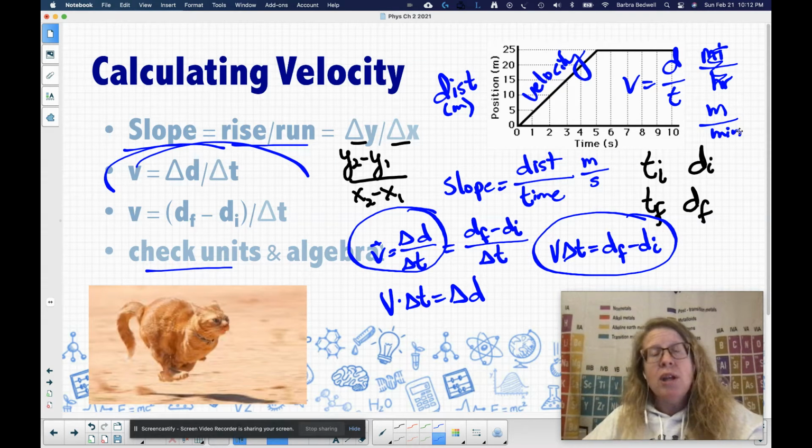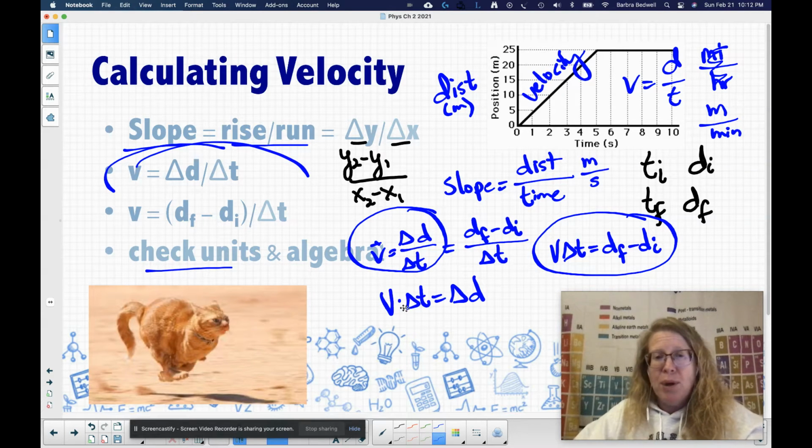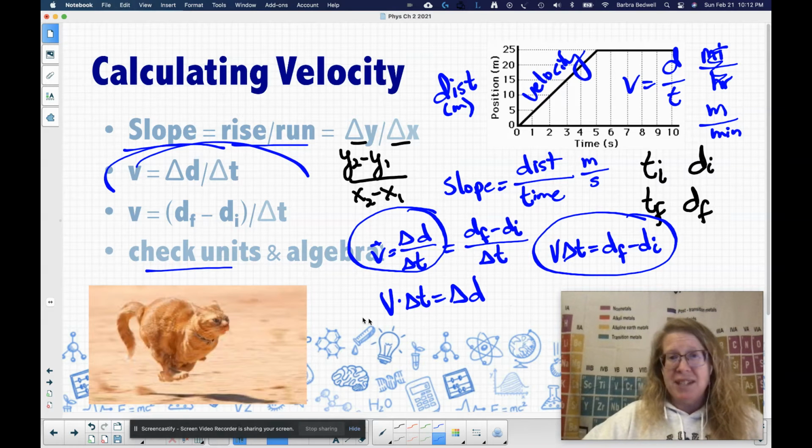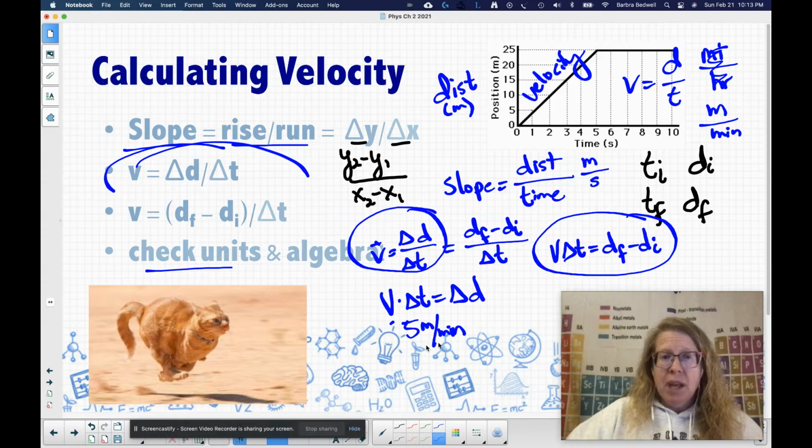You need to look at the units that you are using to make sure that they match, so that when you are doing some algebraic rearrangements in here, you're careful about your units. So here's what I mean. If you have a velocity of 5 meters per minute, and it's going for 25 seconds, you can't just say times 25 seconds, because our units here don't match.